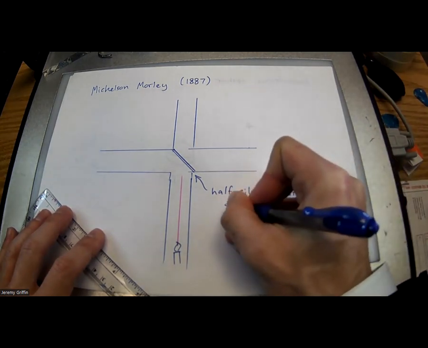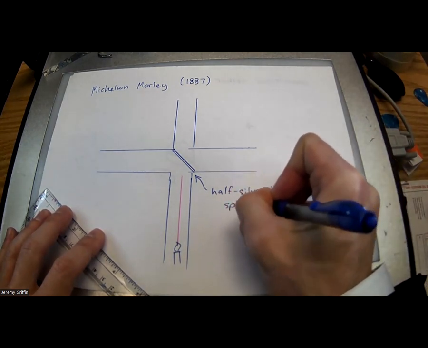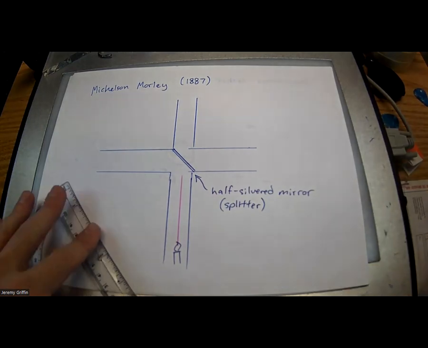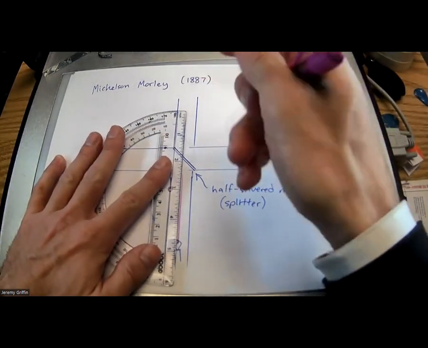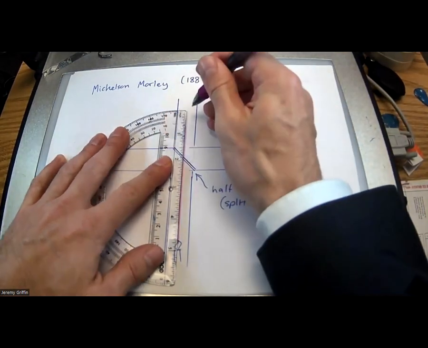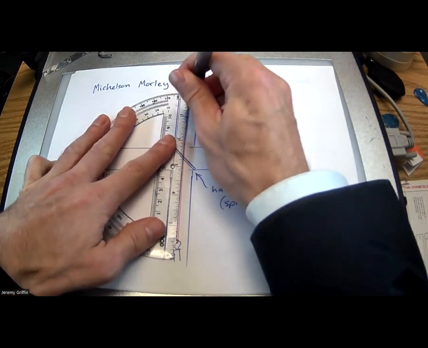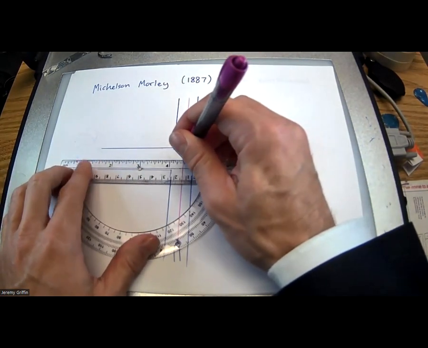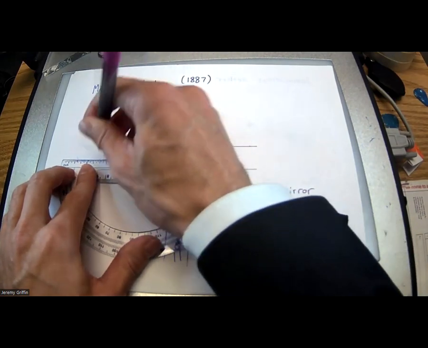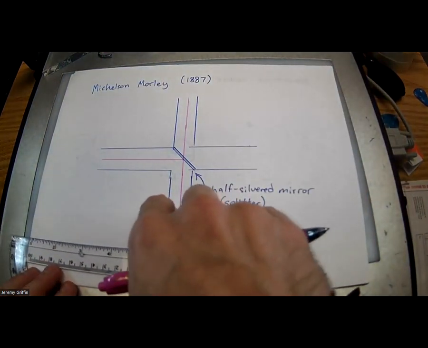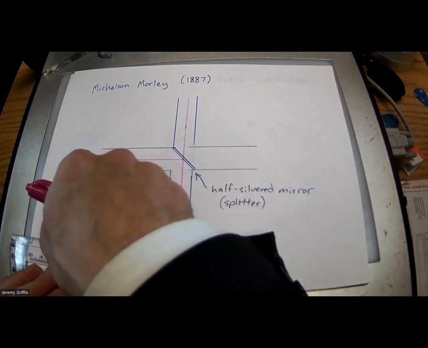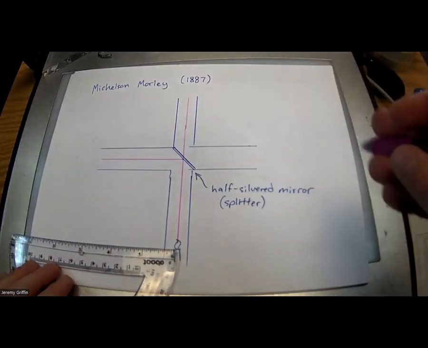I've also seen it called a splitter. Okay. So half of this light is able to just pass through, but half of it gets bounced off at a 90-degree angle because the mirror itself is at a 45-degree angle. So part of it gets reflected going this way, and part of it passes through. Okay, so that's all good.